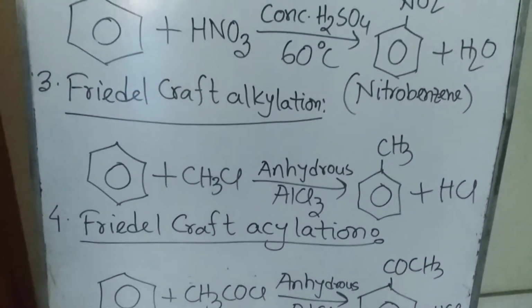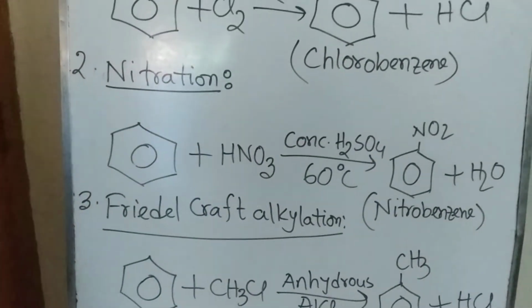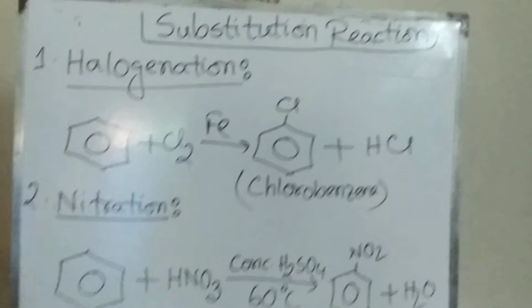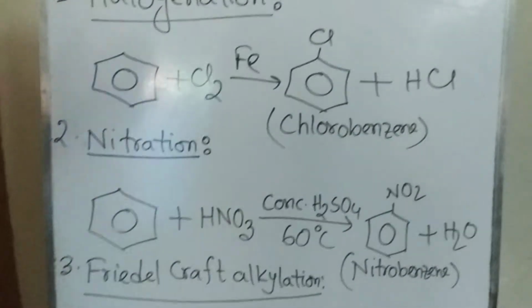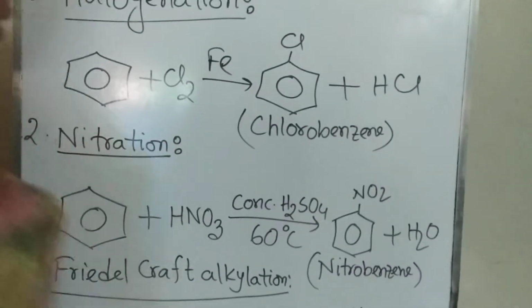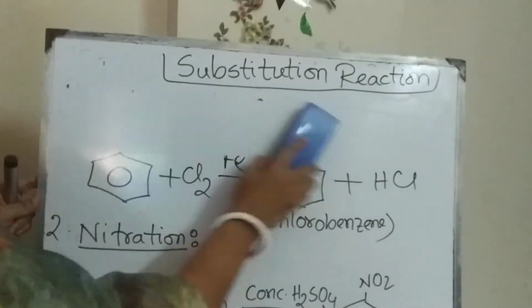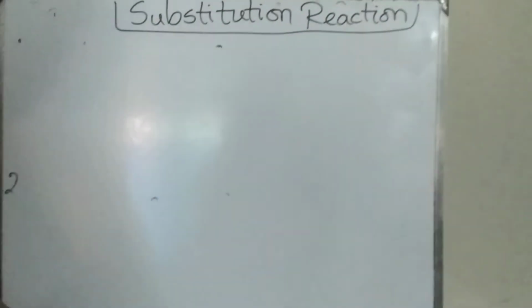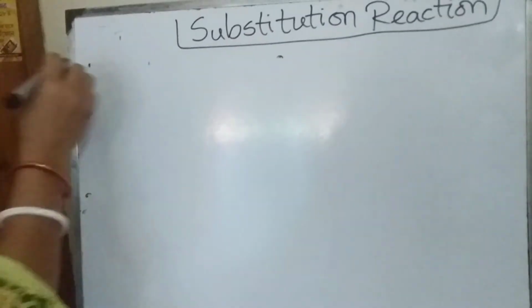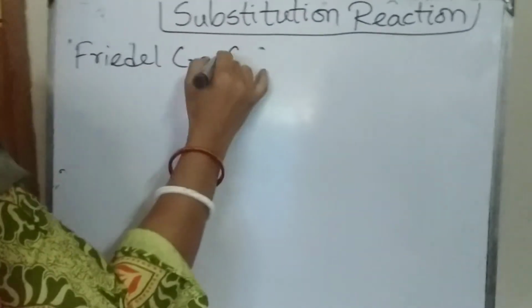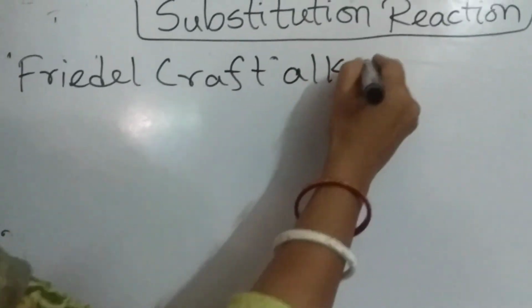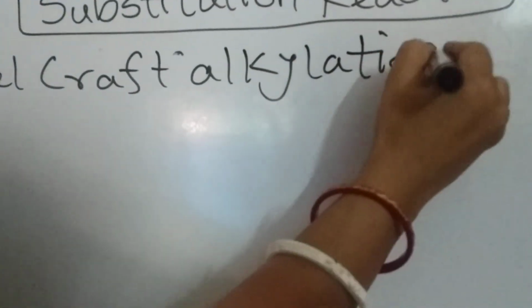Now, the mechanisms of these substitution reactions were discussed with you in your previous class, but for reminding, I again discuss one mechanism. So, look here, I discuss the Friedel-Crafts alkylation. The Friedel-Crafts alkylation reaction is like that.